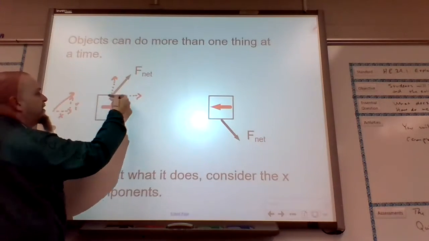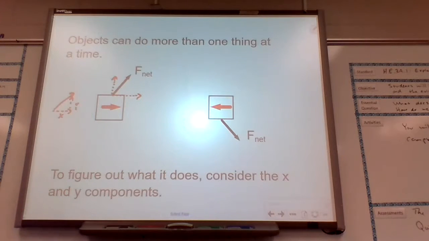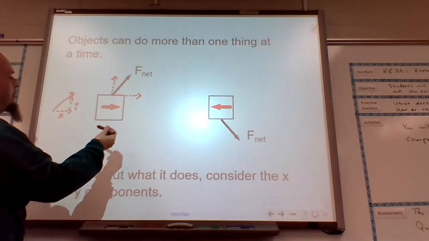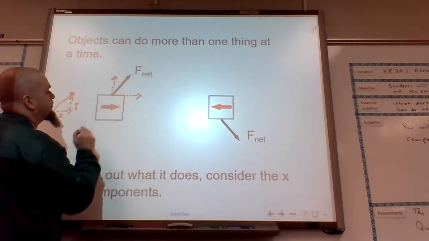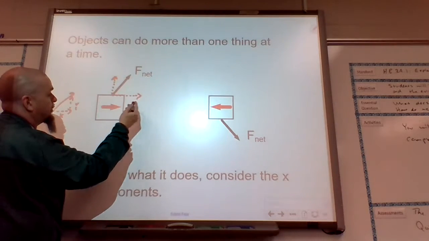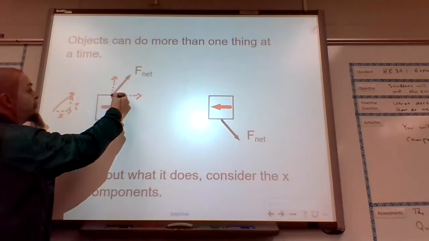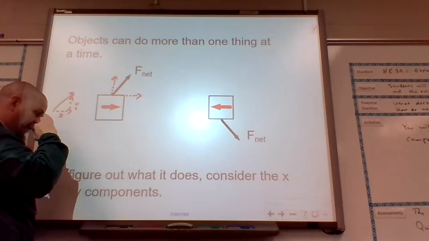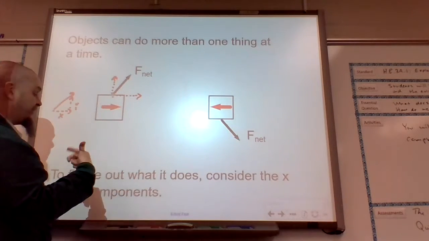Anytime we see one of these angled vectors, we know there is some horizontal, there is some vertical component to this. So this particular vector will produce some portion of force that goes this way to the right and some portion that goes up. So we're going to see two things happening at the same time here.